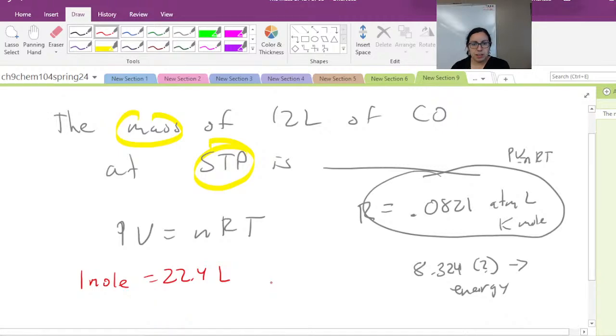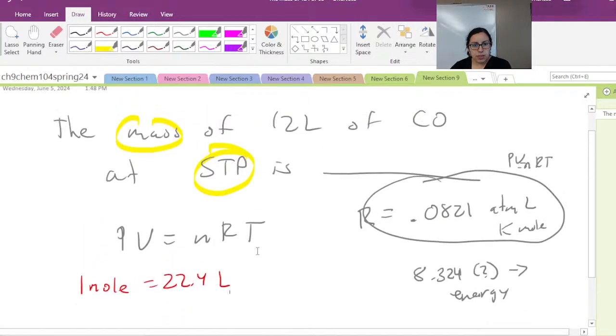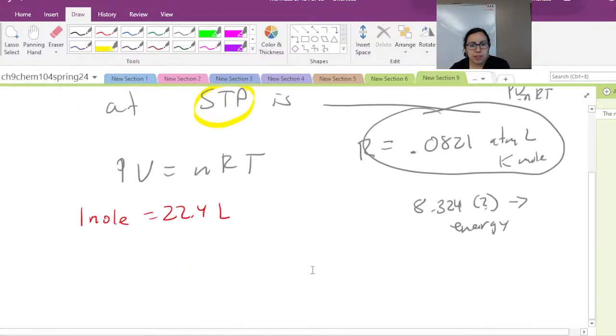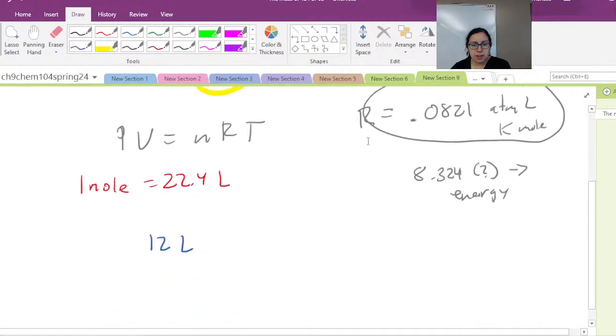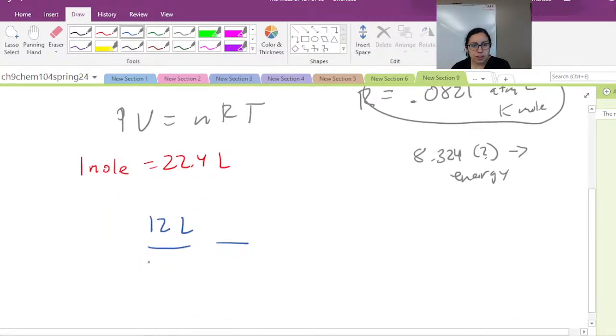So the easiest way, at least what I was going for, is to set up a proportion. We have 12 liters of CO at STP. So at STP, 22.4 liters, we can figure out the mass, which is just the molecular weight of CO. That's what I wrote for a lot of people on your quiz, and I was too lazy to solve it.